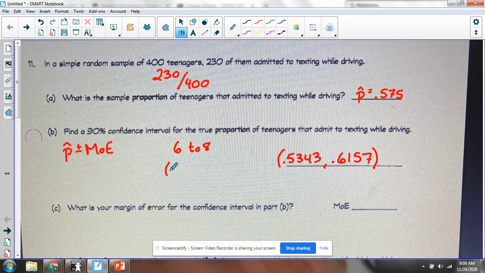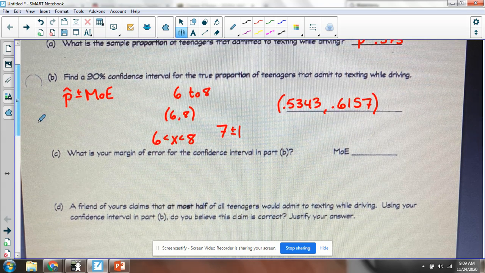I can say it's just from 6 to 8. I can write it as 6 is less than x is less than 8, a compound inequality. Or this is the same thing as saying 7 plus or minus 1. 7 minus 1 is 6, 7 plus 1 is 8. We're going to use this method for part C, but I think they want the interval for this part. So there's our 90% confidence interval.